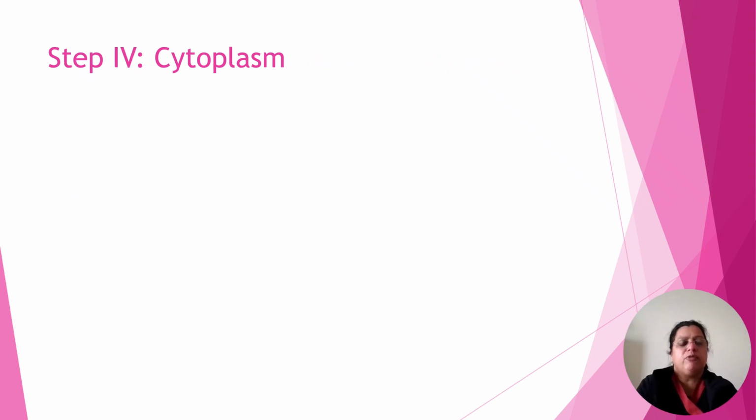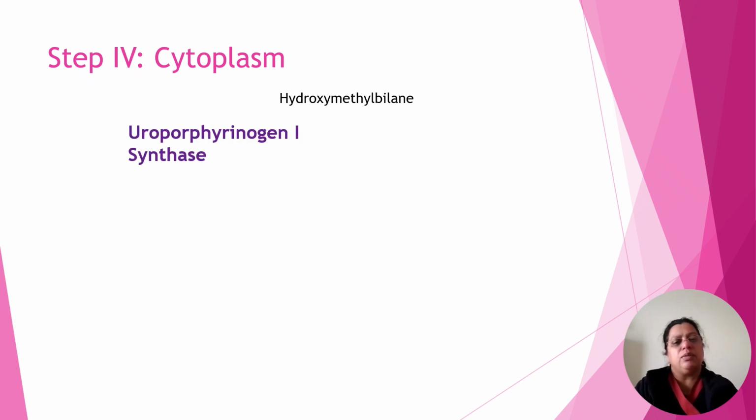Coming on to step 4 of the porphyrin synthesis, we continue in the cytoplasm. So in the cytoplasm, the hydroxymethylbilane, which was our product from step 3, which is a linear tetrapyrrole, undergoes cyclization. So we know there are two pathways, either it will go in a minor pathway or it will go in a major pathway. So for the minor pathway, we have the enzyme uroporphyrinogen 1 synthase.